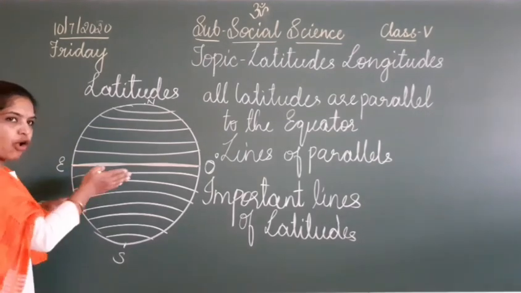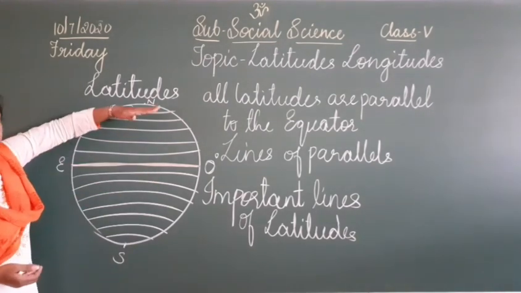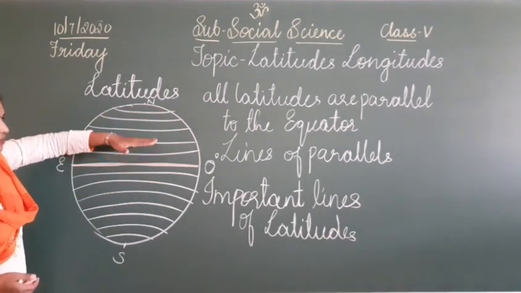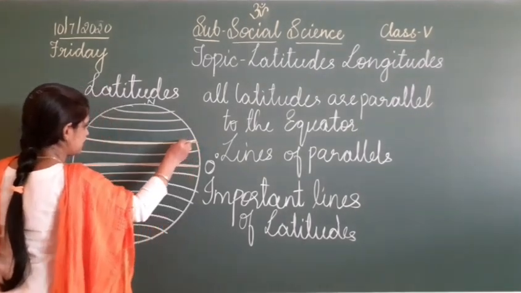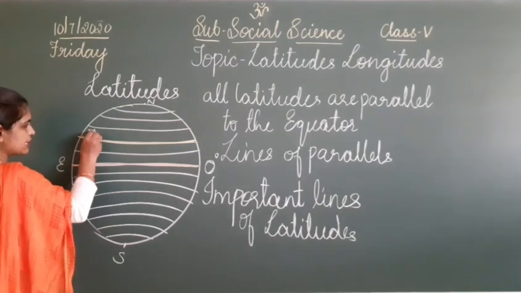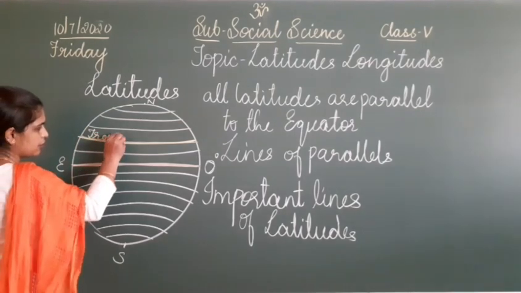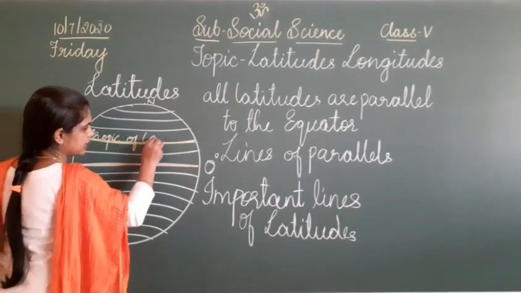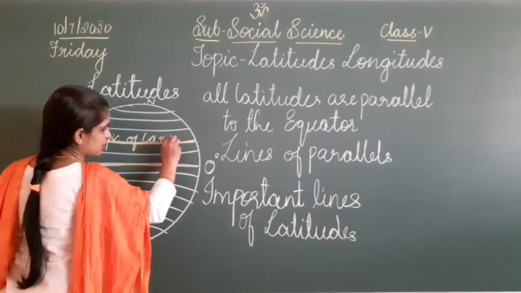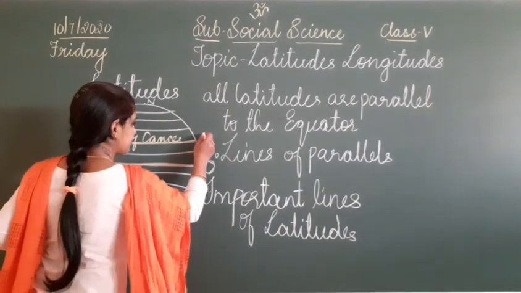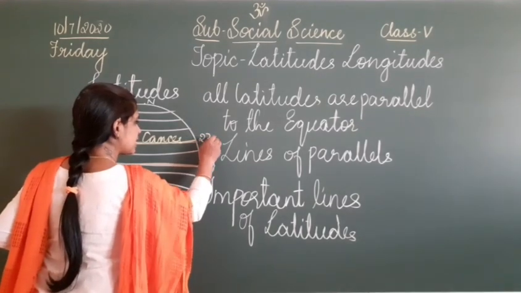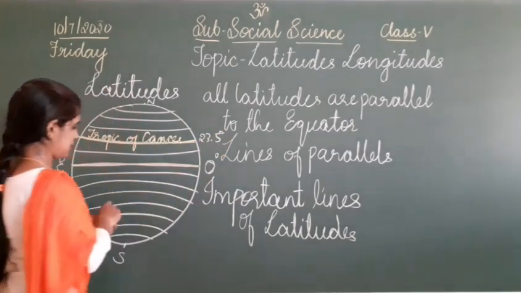Next, from the equator towards the North Pole, we have the Tropic of Cancer. We have named it as Tropic of Cancer, and its value is 23.5 degrees.